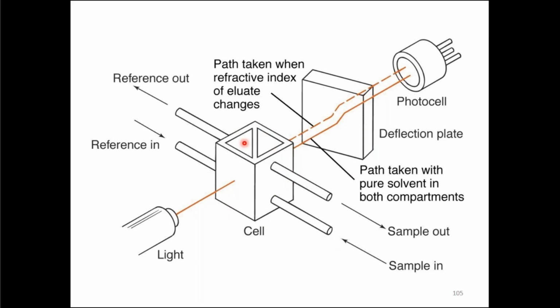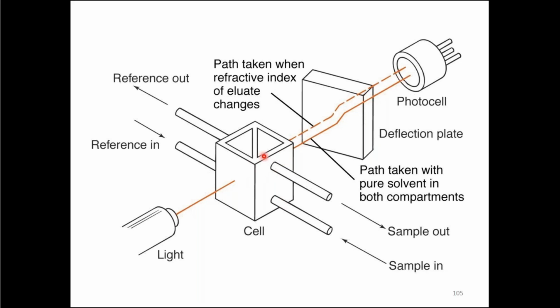Sometimes in both of these, only mobile phase will be present. In that case, you will be getting some reading for the photocell, because both of these radiation paths are taken when the refractive index is the same. When will the refractive index change? When a component gets eluted, because a part of the mobile phase will be replaced by the component that is getting eluted.